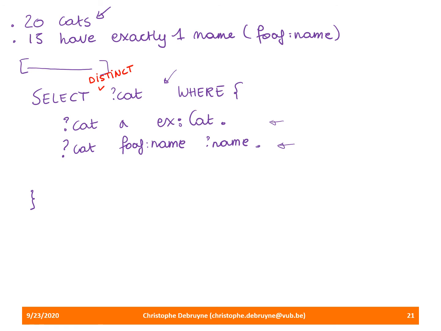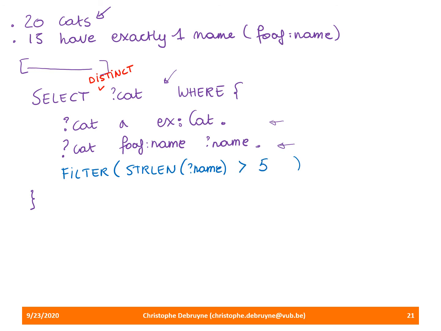Now, if I'm interested in only those cats that have a name that is longer than 5 characters, I need a filter statement. So I will filter those that meet a particular condition, and I know that there's a function strlen, which stands for string length, and I will ask the length of that name, and it has to be bigger than 5.